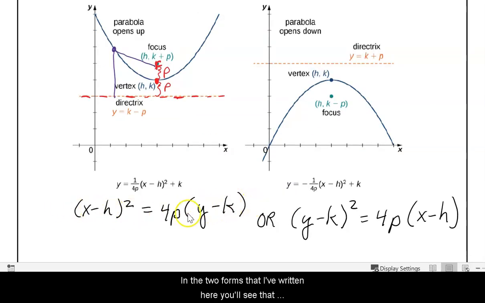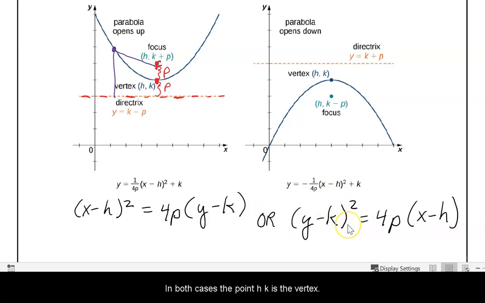In the two forms that I've written here, you'll see that what I've done is isolated the binomial that's being squared. I can do that whether I'm talking about a parabola that is a function, where it is the x binomial that is being squared, or a parabola that is not a function, where it is the y binomial that is being squared.